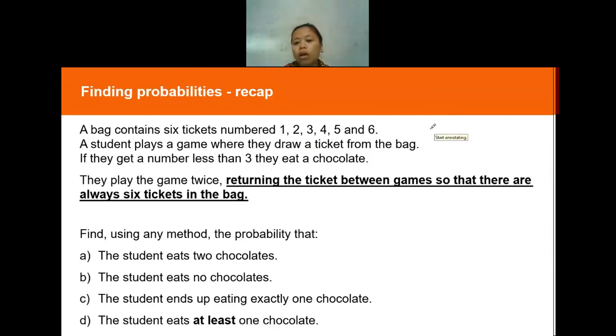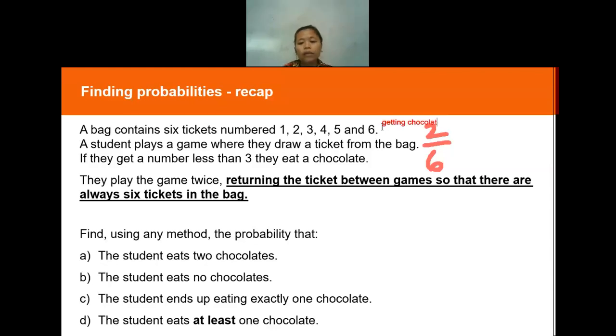Anyone? 2 out of how many? 6. Yeah, so this is 2 out of 6 for getting a chocolate. And then for not getting a chocolate, what is the probability? 4. Yeah, 4 out of 6. Yeah, is there anyone get confused? No, anyone get confused?